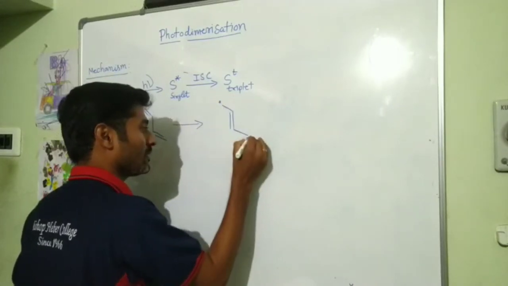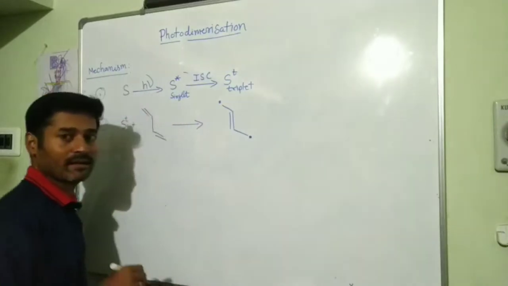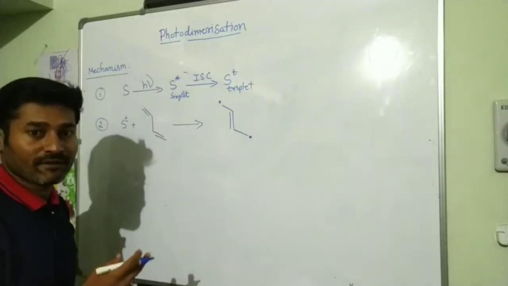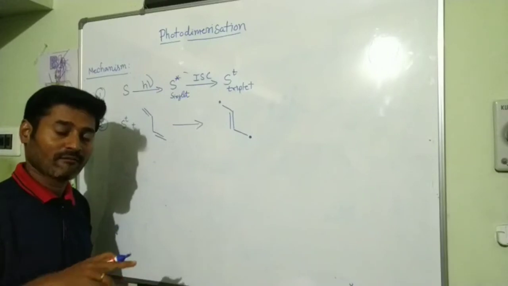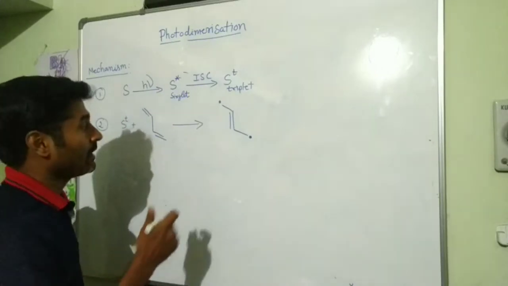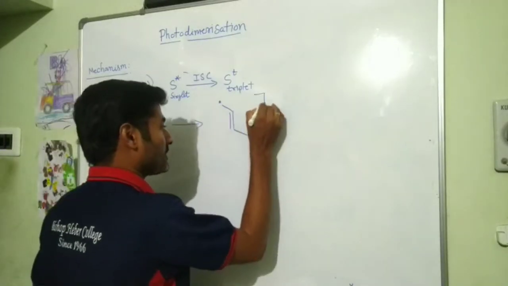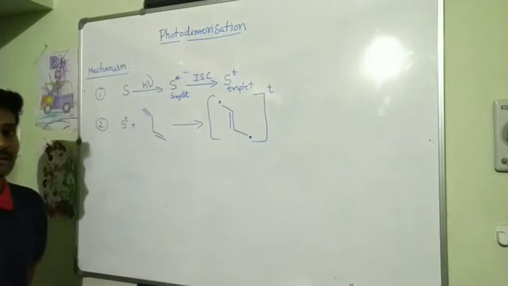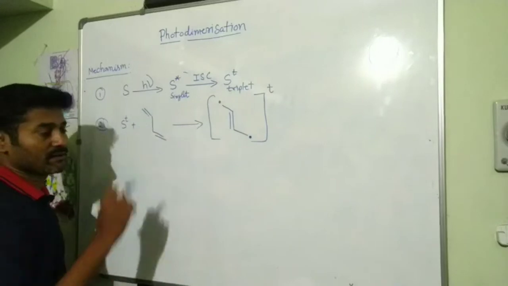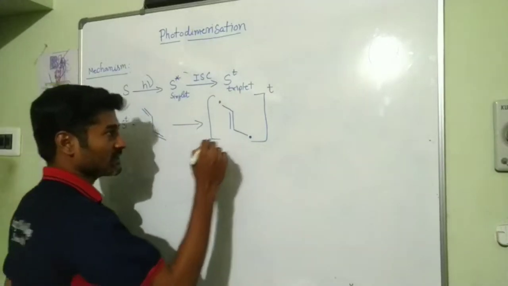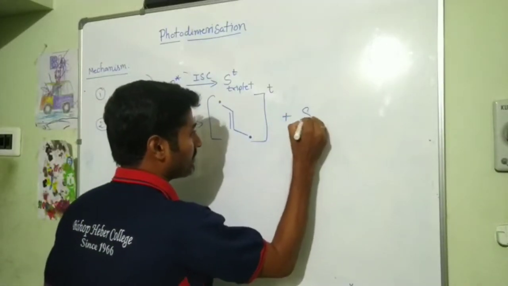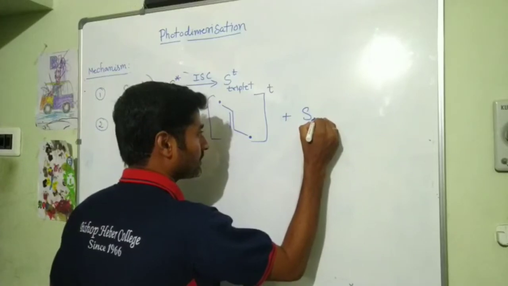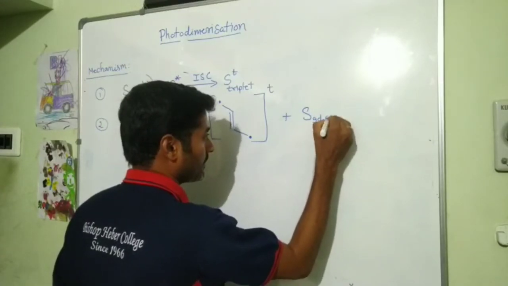Already I said, if your alkene is in the triplet state, it will follow a biradical mechanism. So your biradical alkene will be there in the triplet state, and the sensitizer will come to ground state.